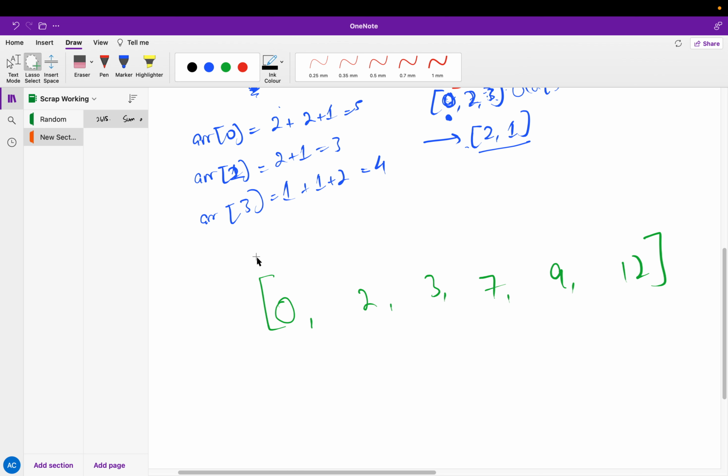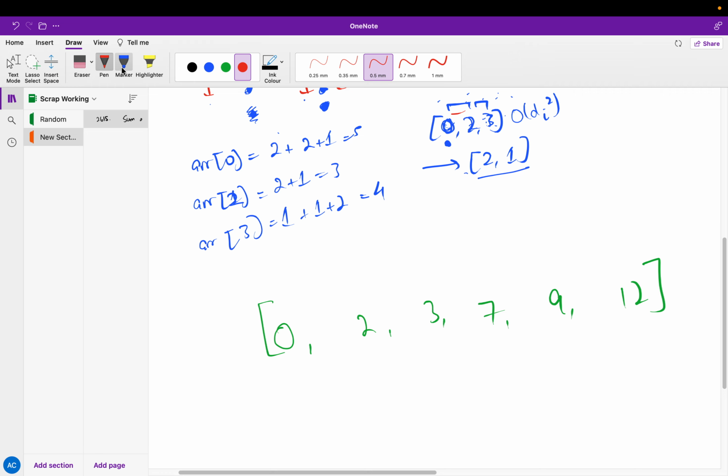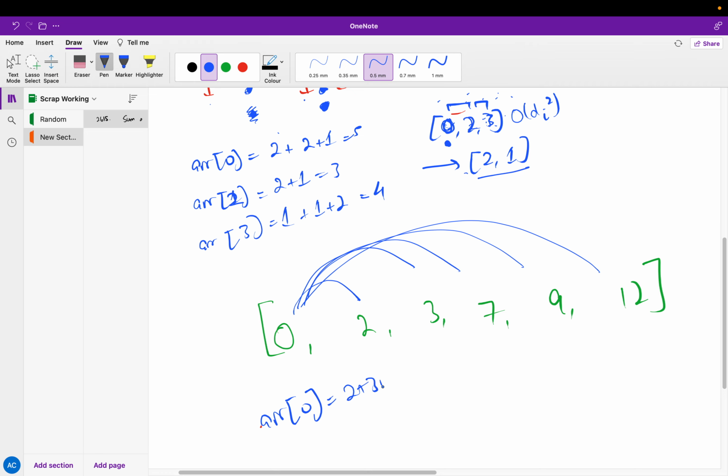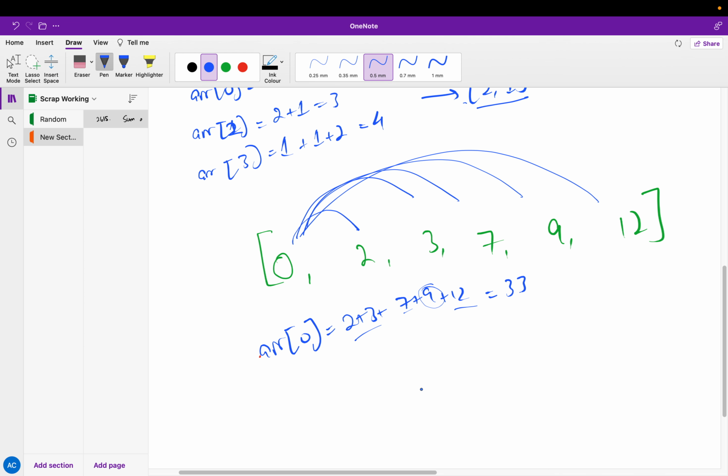So my array at index 0 should equal 2 plus 3 plus 7 plus 9 plus 12, which gives me 5, 12, 24, 34, minus 1 gives 33. Okay, so that's the value.